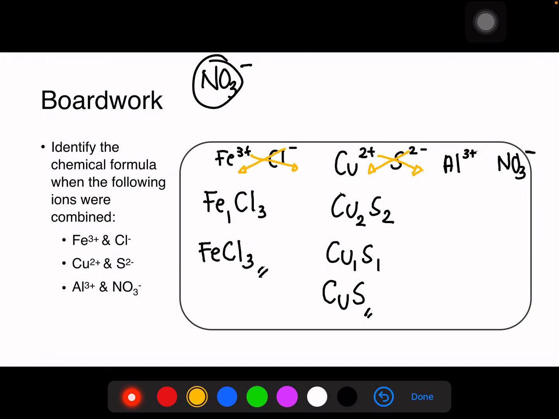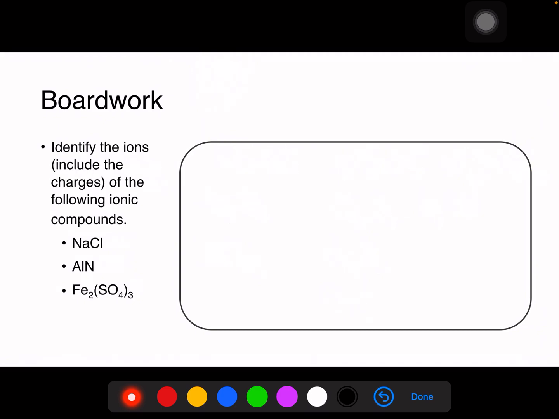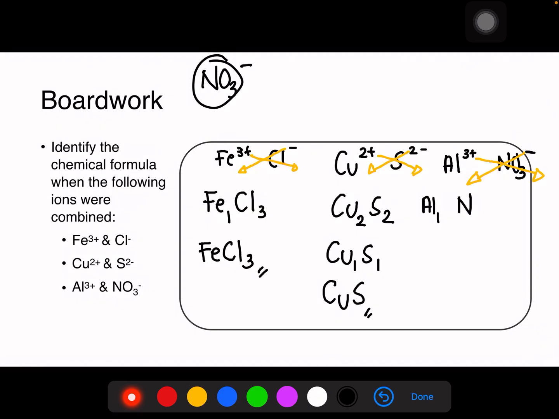Okay, so for that case, still we're doing the charge crossing technique. We place the 3 from Al3 plus towards the NO3, and the -1 will be carried to the side of aluminum. So for aluminum, that is 1, and the 3 we place on the side of the whole nitrogen-oxygen ion.